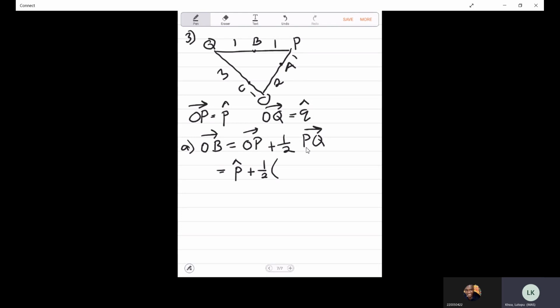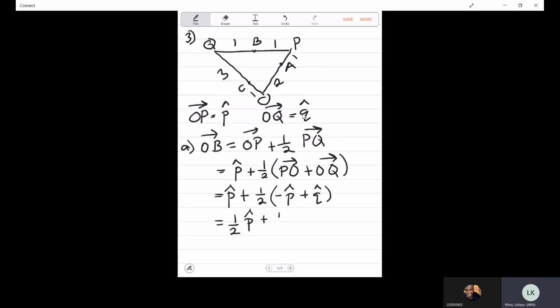So I am going from P to O, and then from O to Q. So this is P plus half PO, that's negative of this P. And then OQ is just Q. So this is half P plus half Q when I simplify it.